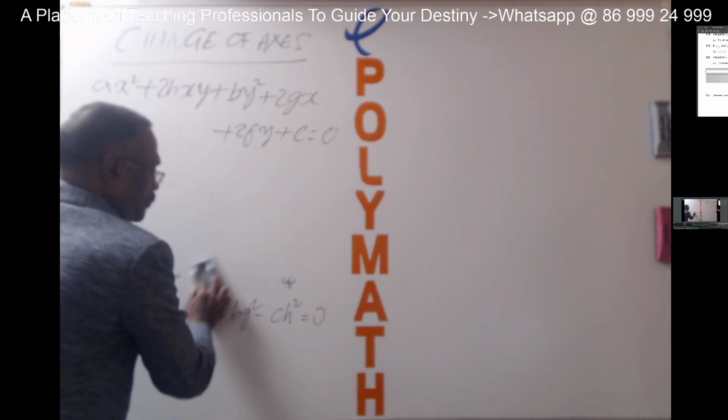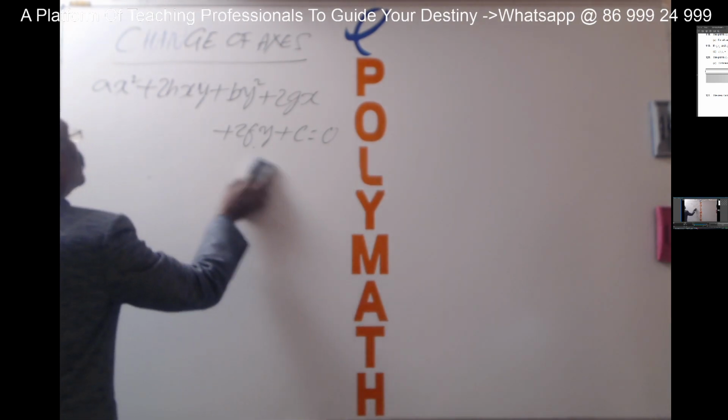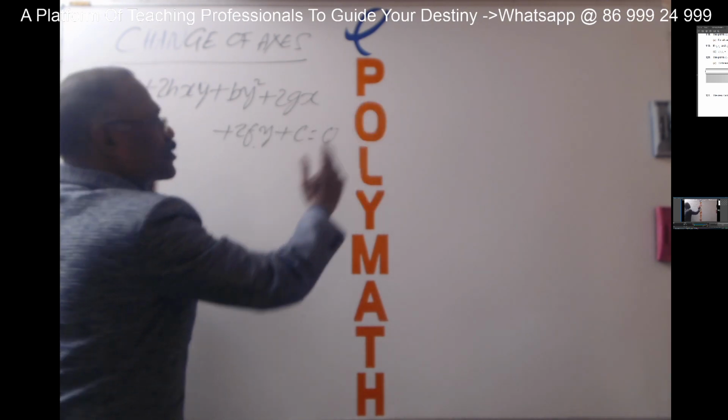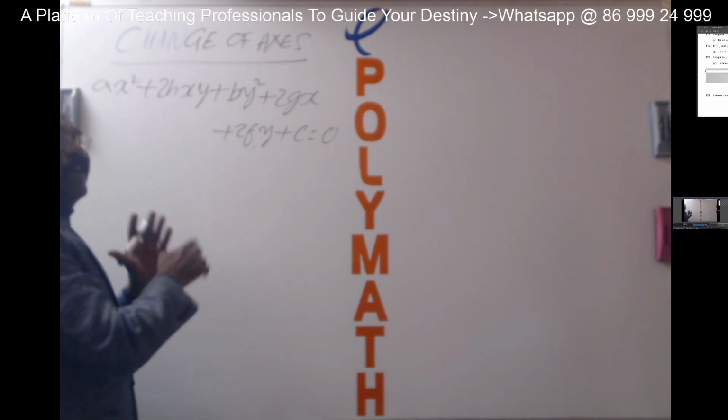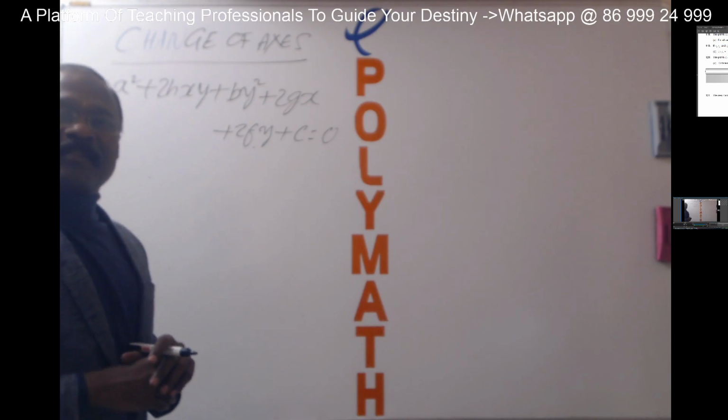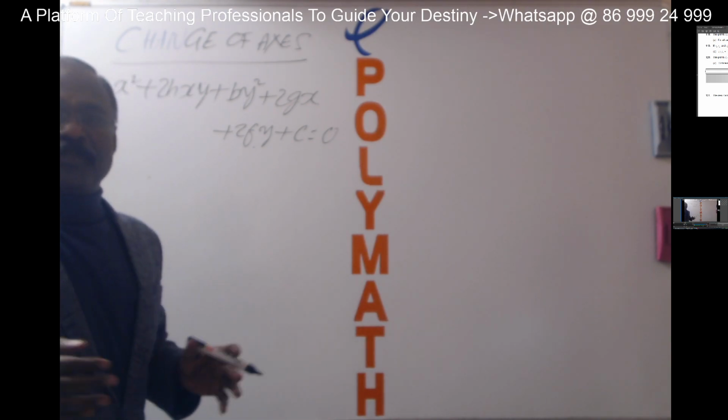What is the purpose? Purpose is to reduce the bigger equations of this type to smaller ones. We will eliminate some terms and express the bigger equation in the smaller form.